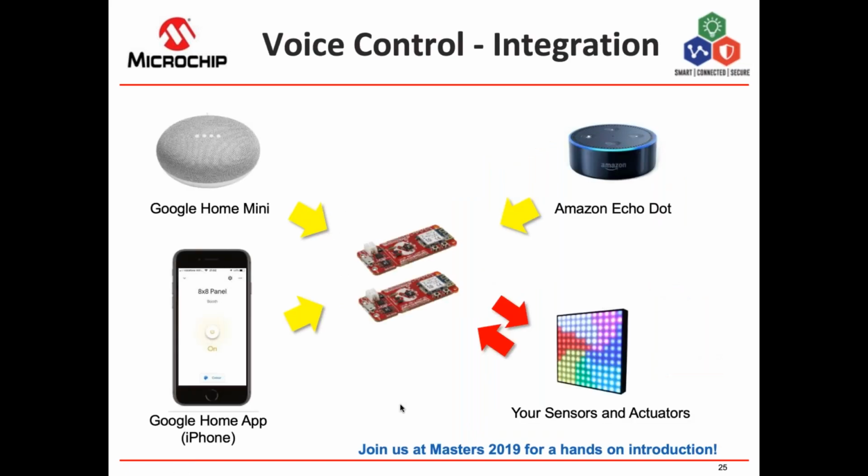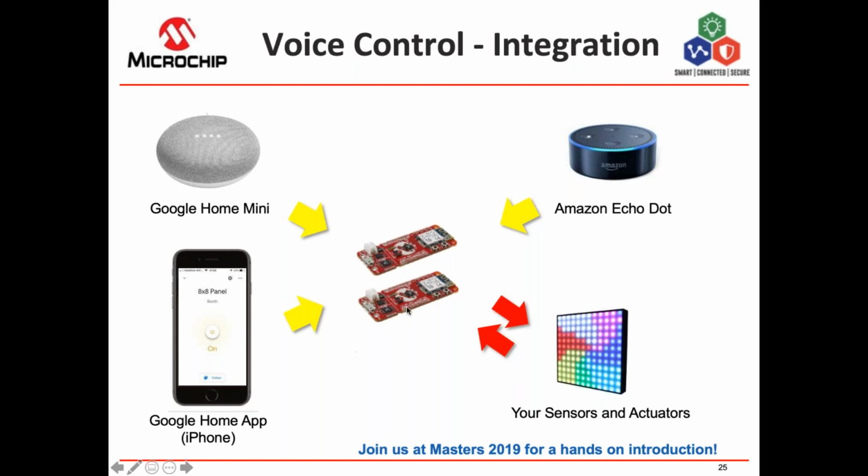I needed to mention very quickly that it's very easy to connect these boards to a voice control system. When you connect to Amazon, you can use the Echo to talk to the boards or to ask the boards to do things for you. The same thing with the default account from the Google Mini, either using the app or from the Google Home devices.